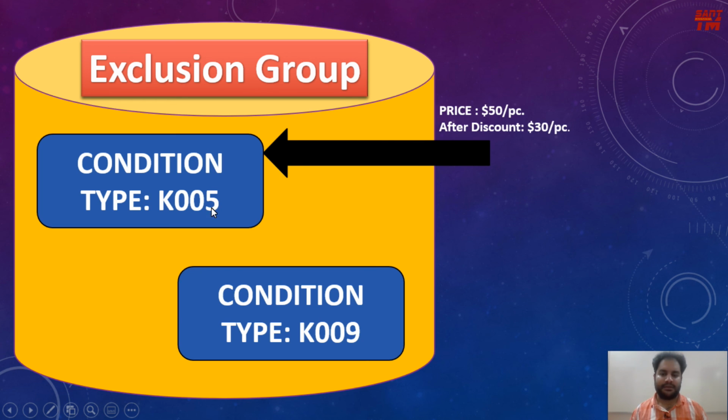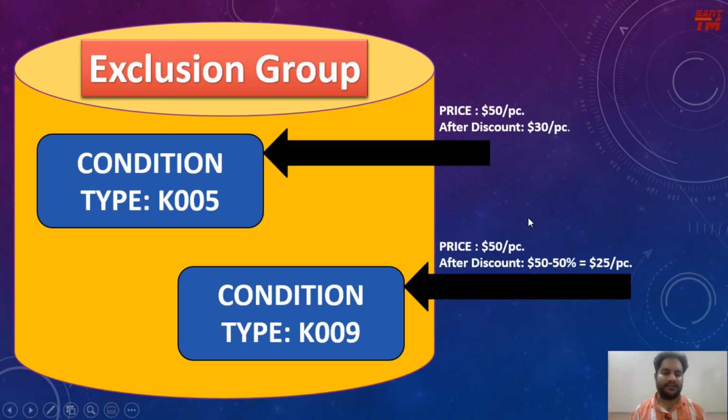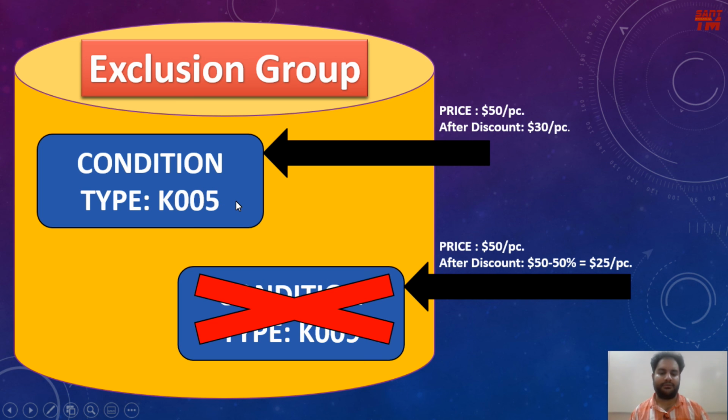Here the first condition type K005, the original price was $50 per piece, after discount it is $30 per piece. And the second, $50 per piece is the original price and after discount it is $25 per piece with 50% off. So this was selected using method A, but in method L the worst price is to be selected, so this means condition type K005 will be selected and K009 would be deactivated. It is just the reverse.